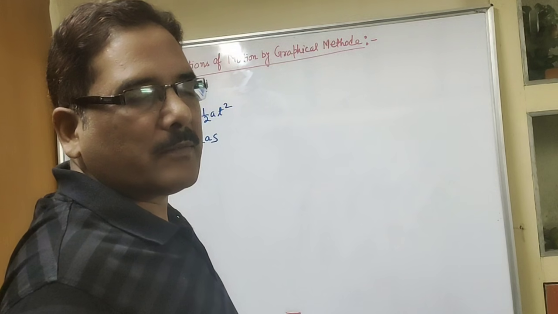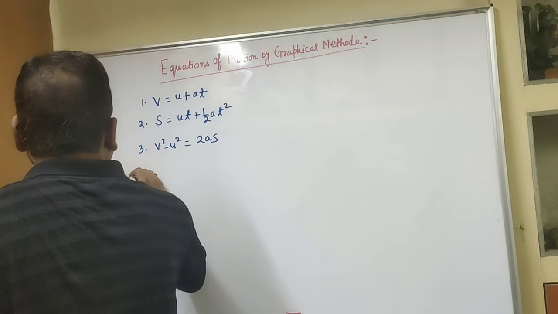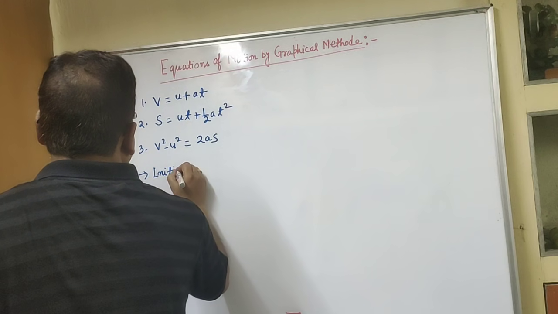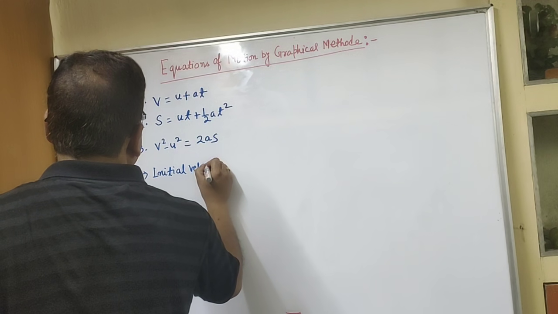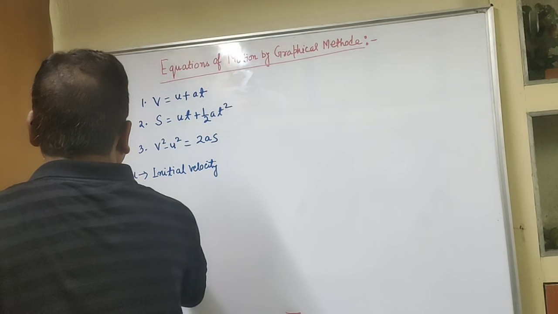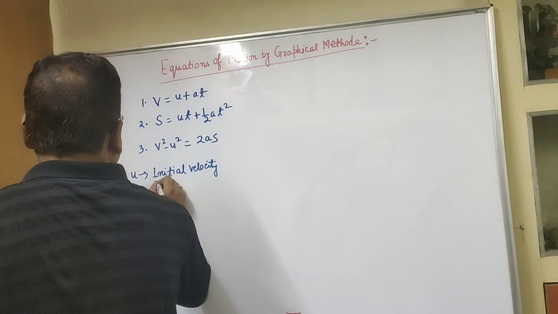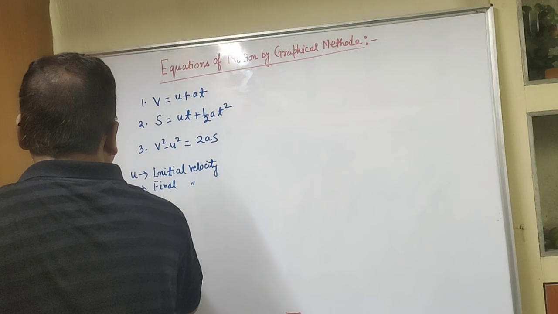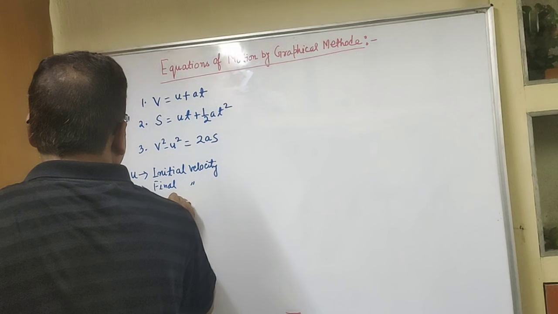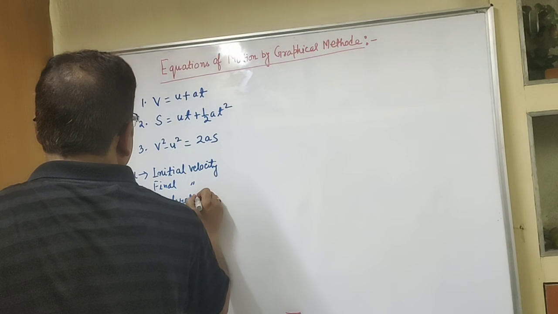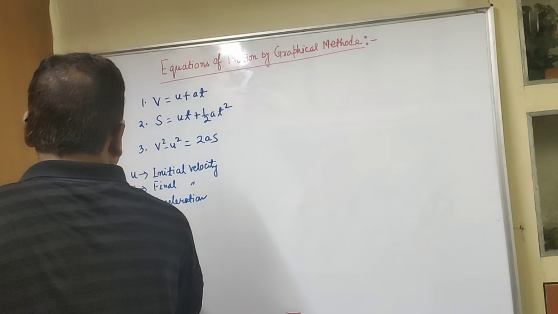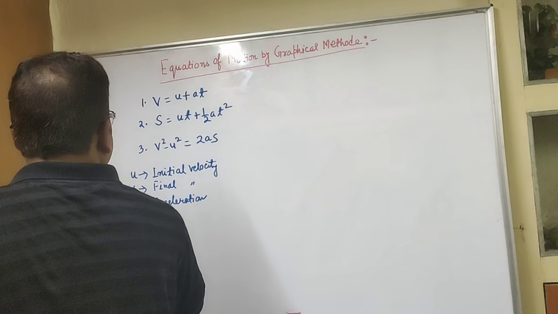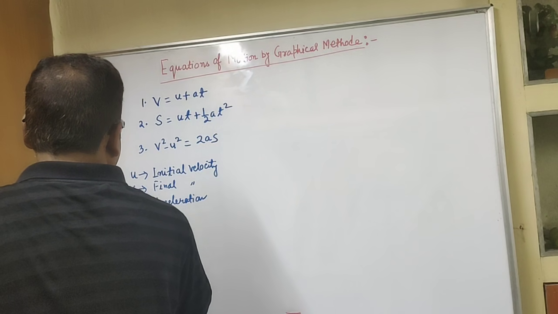Now you know the meaning of these symbols: u represents initial velocity, v is the final velocity, a is acceleration, t is the time interval or time, and s is the distance traveled.